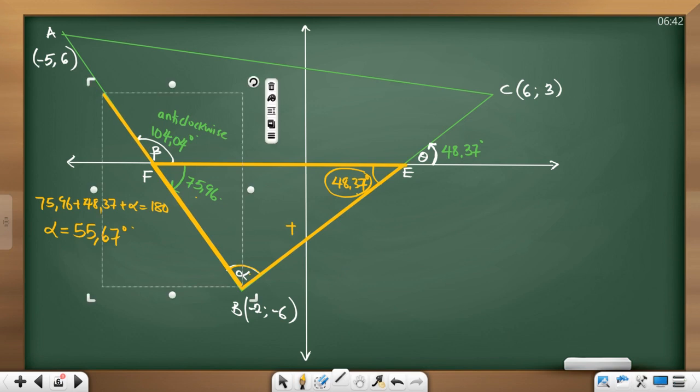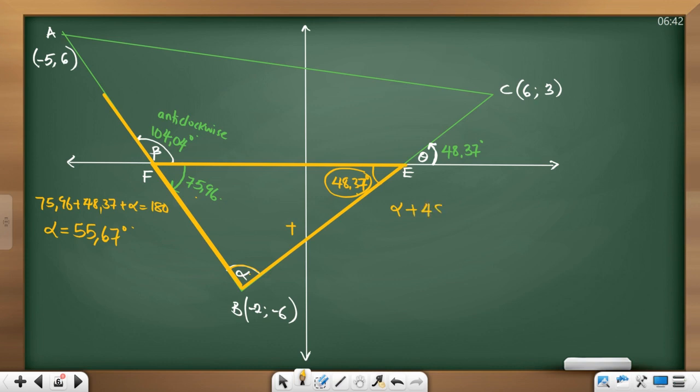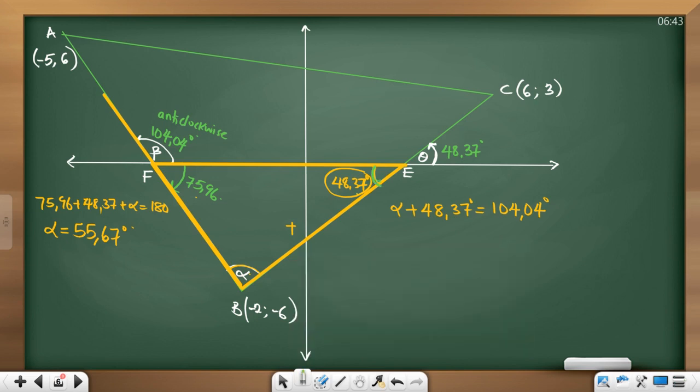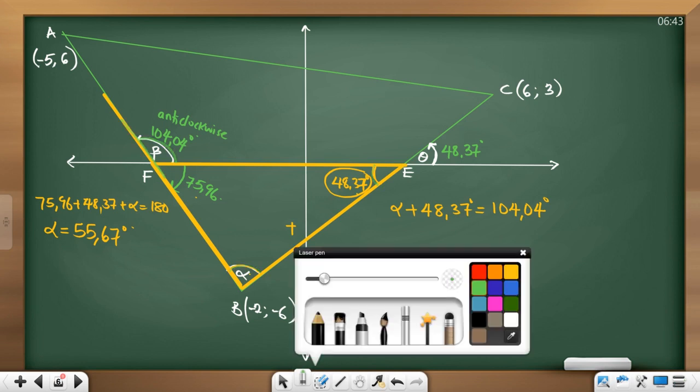Okay, so we can say alpha plus 48,37 equals 104,04 degrees. The angle here plus the angle here, exterior is 104. That's an extended line. Exterior angle is equal to sum of the opposite interior angles.